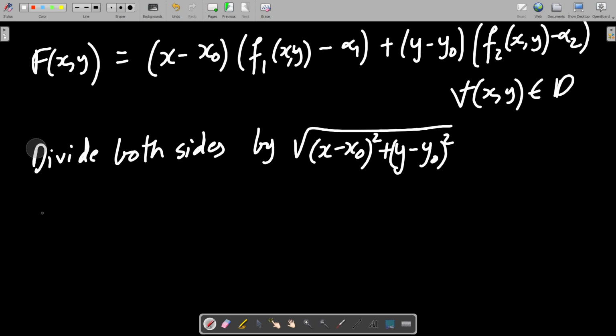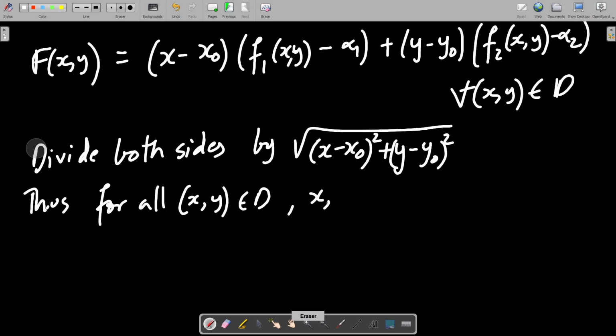Okay, so thus for all xy belonging to D, now xy will have to ensure that it is not equal to x naught y naught, because I have put this term in the denominator.